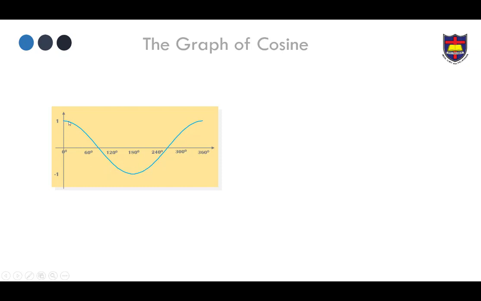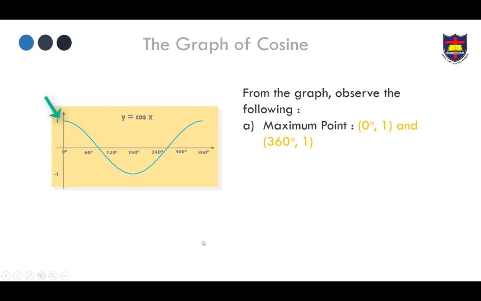So the graph of cosine will look like a smiling face. We will observe that this graph has maximum points at these 2 points, 0, 1 and 360 degrees, 1. The minimum point is in the middle, which is 180, -1.